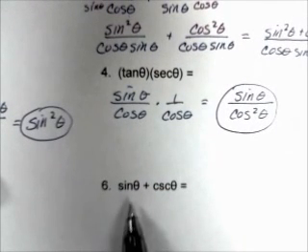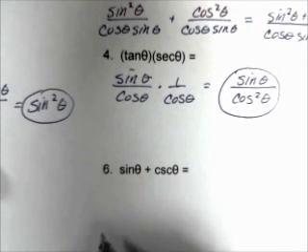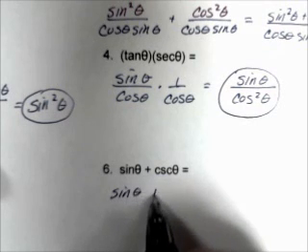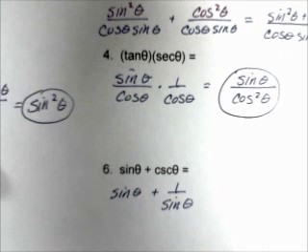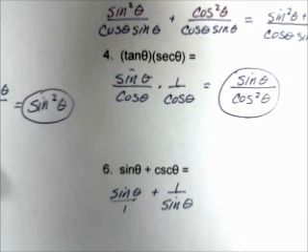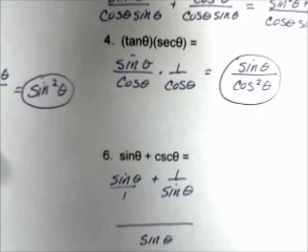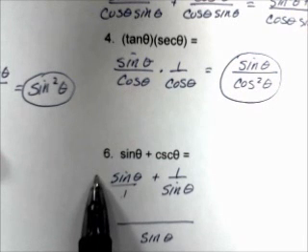Now number 6, sine theta plus cosecant theta. Sine theta we leave as is. Cosecant is the reciprocal of sine, so it's equivalent to 1 over sine theta. Let me put that over 1. I'm going to do the same thing and go right to one single fraction with a denominator of sine theta. We need sine theta here, so we multiply by sine theta, and do the same to the numerator.